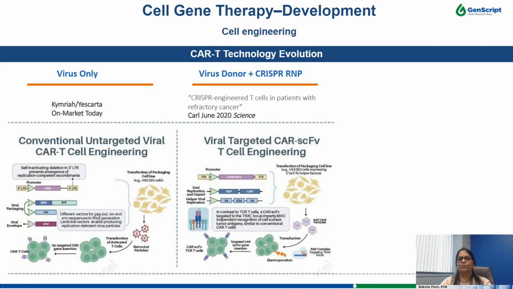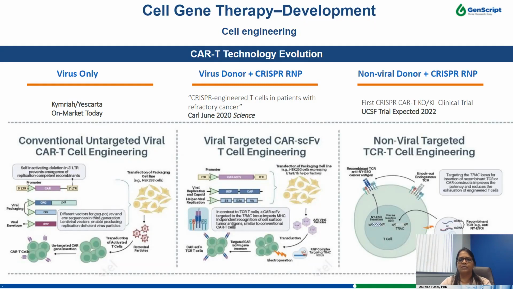But despite its good performance and high editing efficiency, limited vector capacity and high manufacturing cost restrict the viral engineering workflow. And currently, non-viral CRISPR editing provides an alternative tool for gene insertion. And the first CRISPR-based therapy clinical study is also complete.